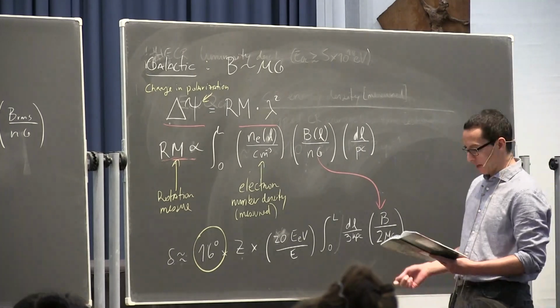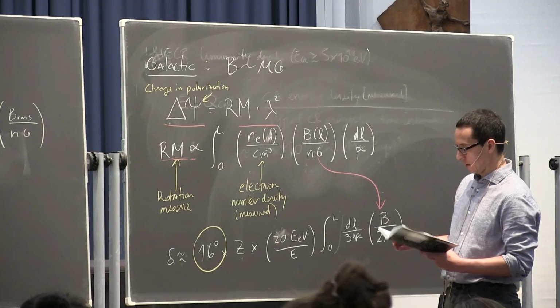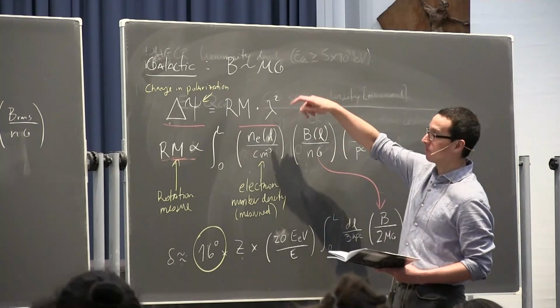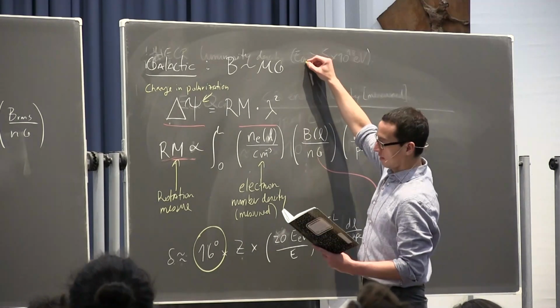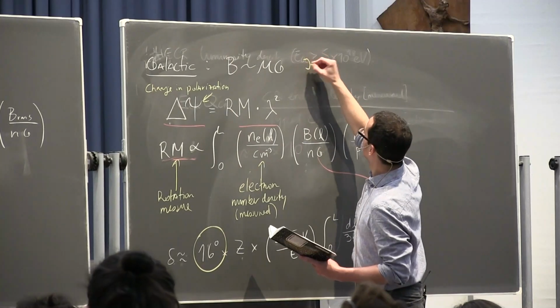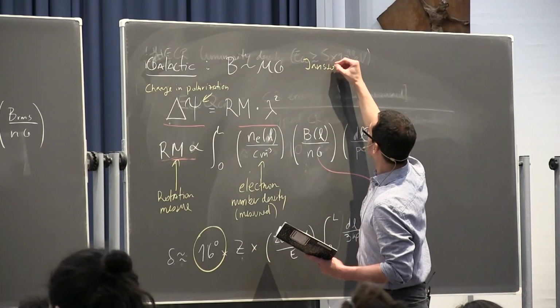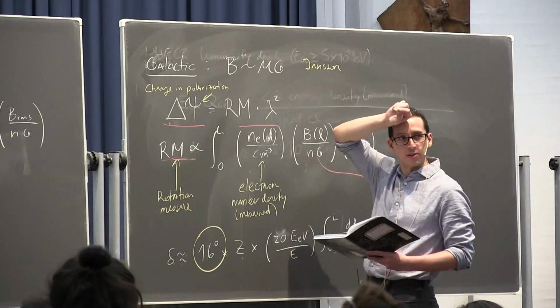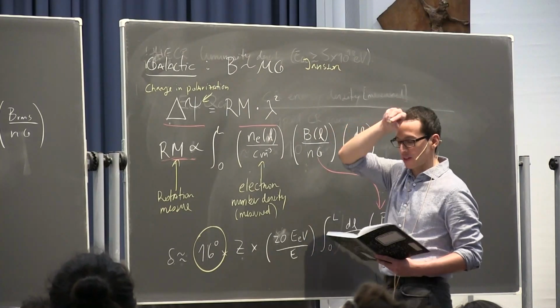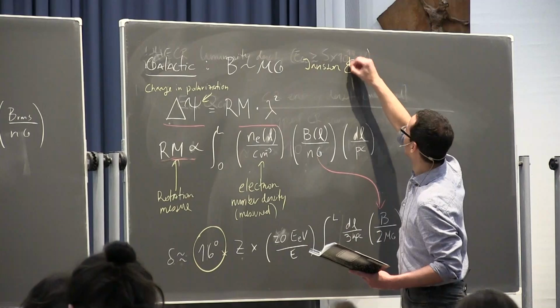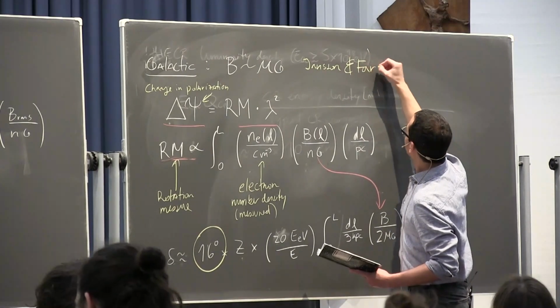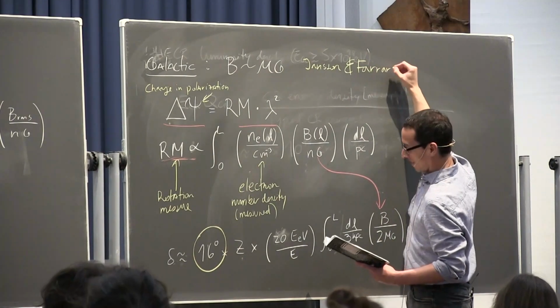You want to know more about this? You want to know about how to build these magnetic fields? This is a whole industry of people doing that. Actually, that's not true. It's like two groups, and they produce papers like it was an industry. So, Jansson and Farrar.